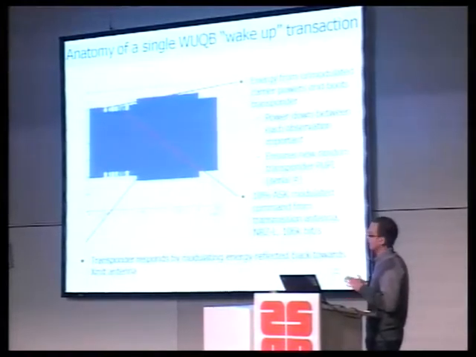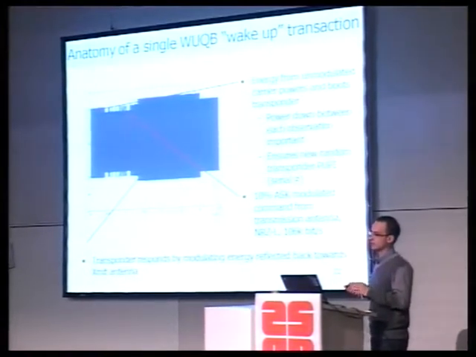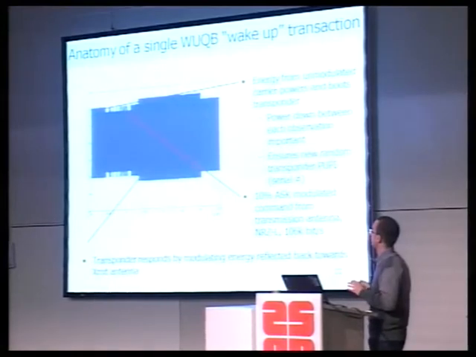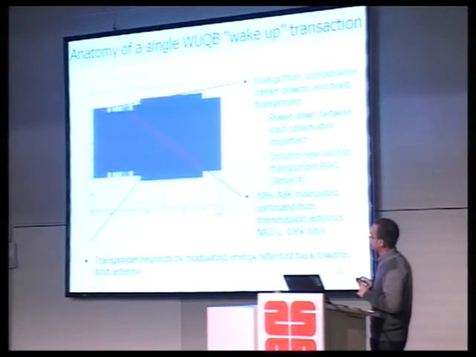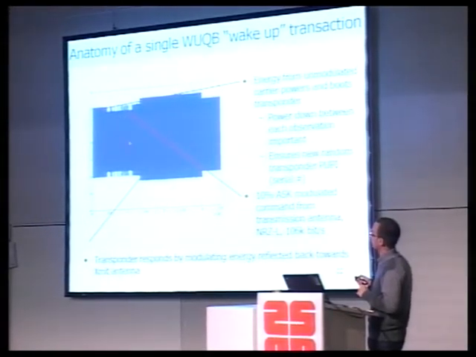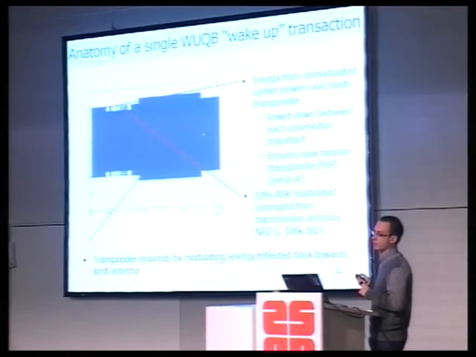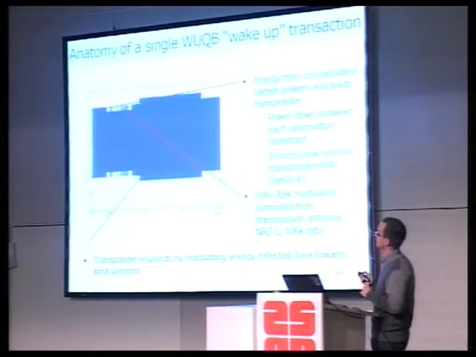This ensures that every time afterwards we have a different PUPI number, which ensures anti-collision. And then we have the wake-up command. Here is the data, it's 10% ASK modulated. And afterwards, this part is the response of the device, which contains the PUPI and some other modulated data.